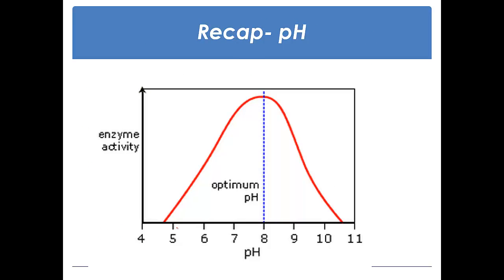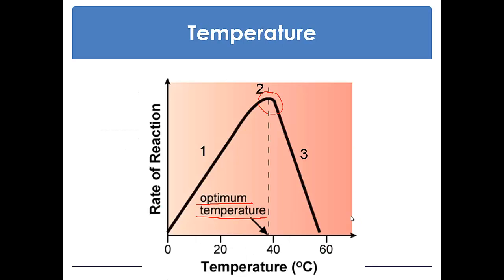Therefore, usually when we talk about a general kind of enzyme, we would sometimes draw the graph like that, with too alkaline or too acidic pH value, they will both denature. While for the temperature one, for stage 1, which means the first stage here, we would not call that denature.